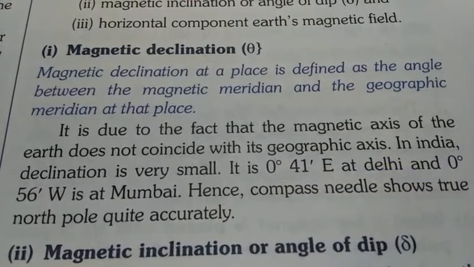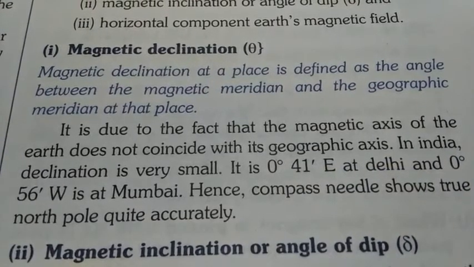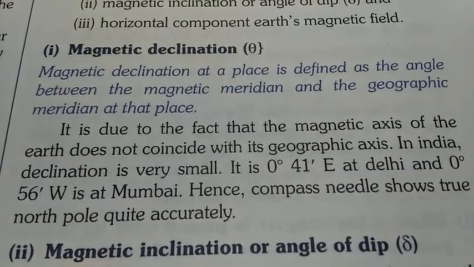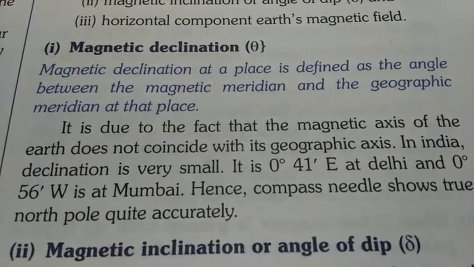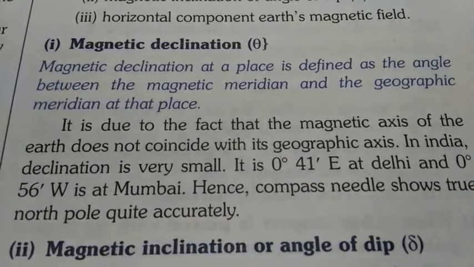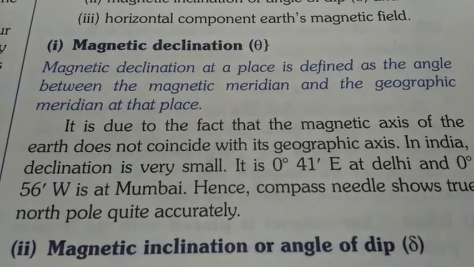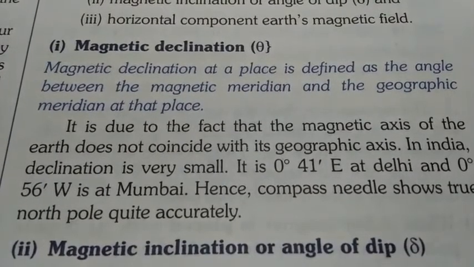But where the declination is more, the compass needle doesn't show north and south so accurately, and that's why ships in the ocean near places where declination is more sometimes lose their direction, because the compass needle is not working efficiently at those places.